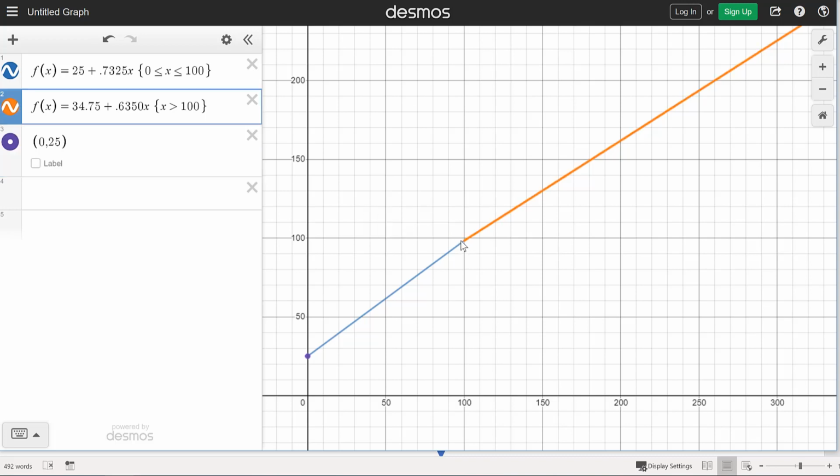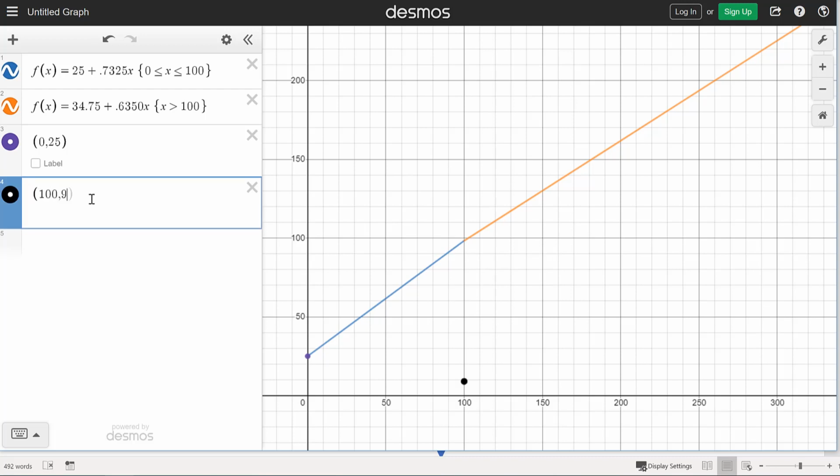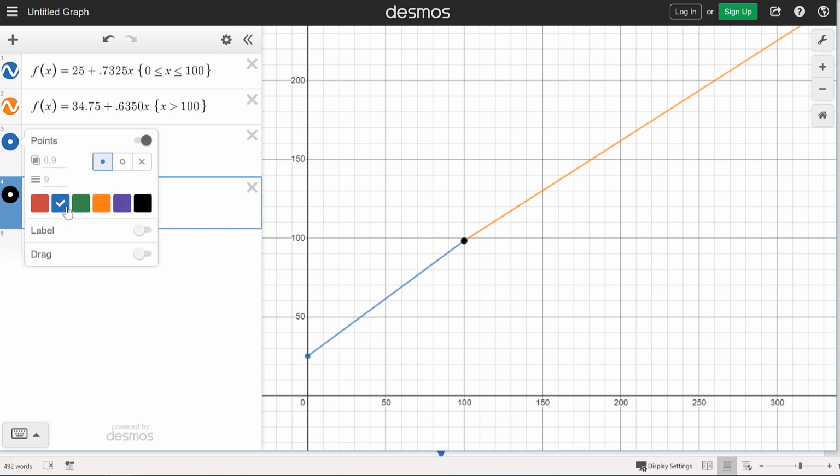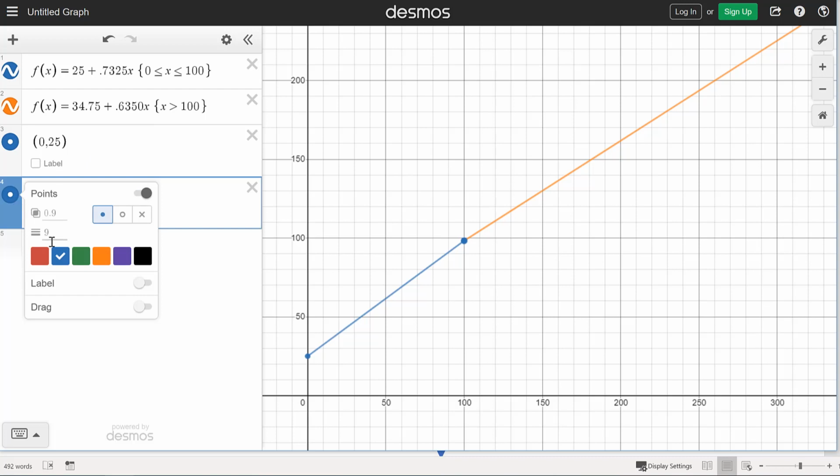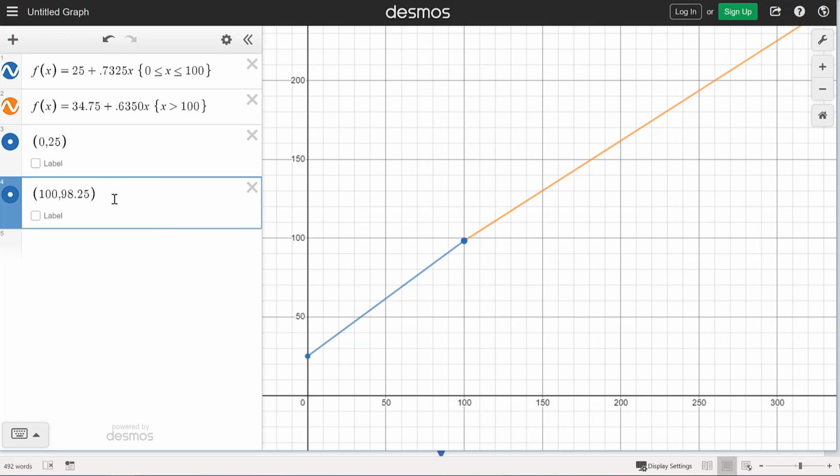And the end point and the starting point of my intersection is the same, 100, 98.25, so I'm going to type that in as well. The 0, 25 is a closed circle for the blue. So 100, 98.25 is a closed circle for the blue. It's an open circle for the orange, but it doesn't really matter if you have an open circle and a closed circle on top of each other, it still means closed, right?